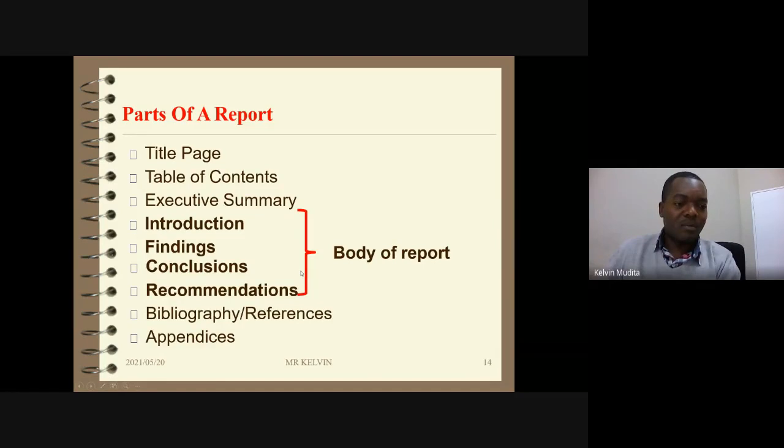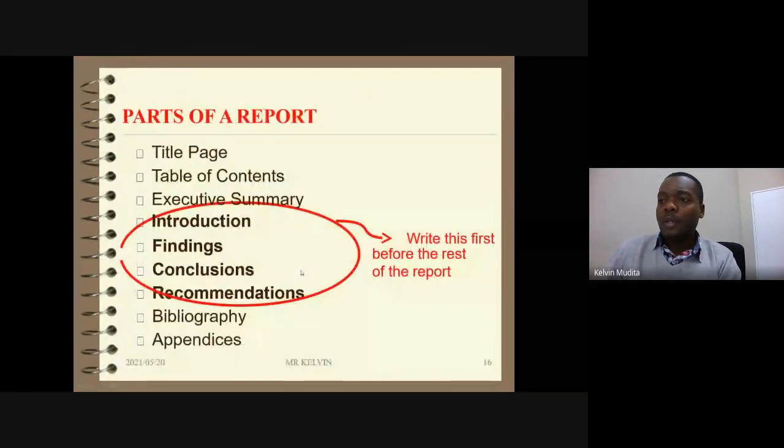That is what is important. Usually, when you are writing a report, you start by writing the body of the report: your introduction, findings, conclusion, and what you recommend, before writing any other parts.